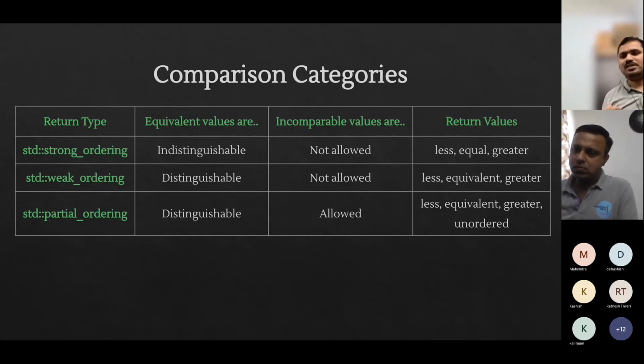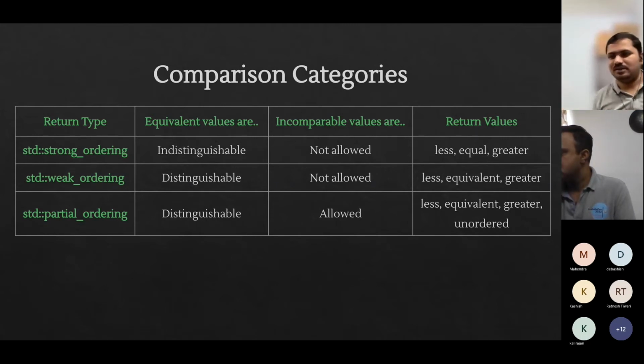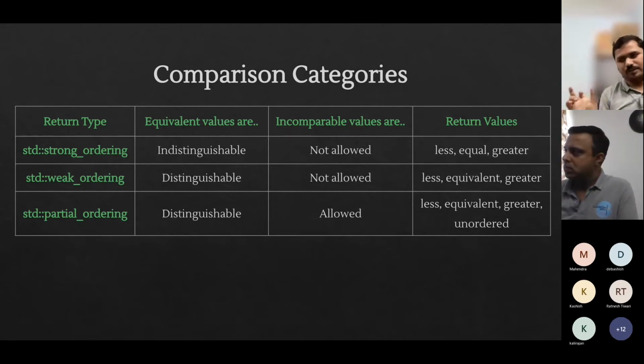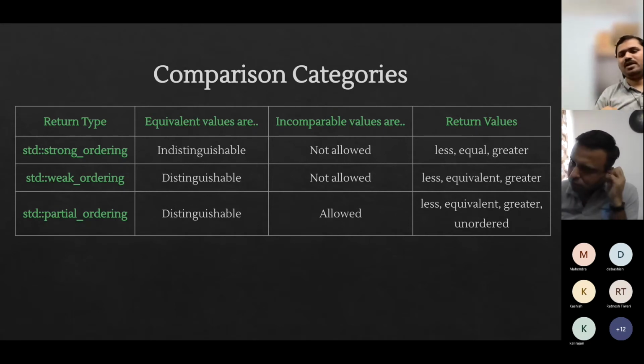If I have my name in capital letters and my name in small letters, and I do a case insensitive comparison, it will still result in equivalent. We will not say that it is equal. It's still equivalent only. I can't use my capital letter name in place of the small letter name, right? Other things might not work there. So here we say that equivalent values are distinguishable, whereas when we say equal, the values are not distinguishable.